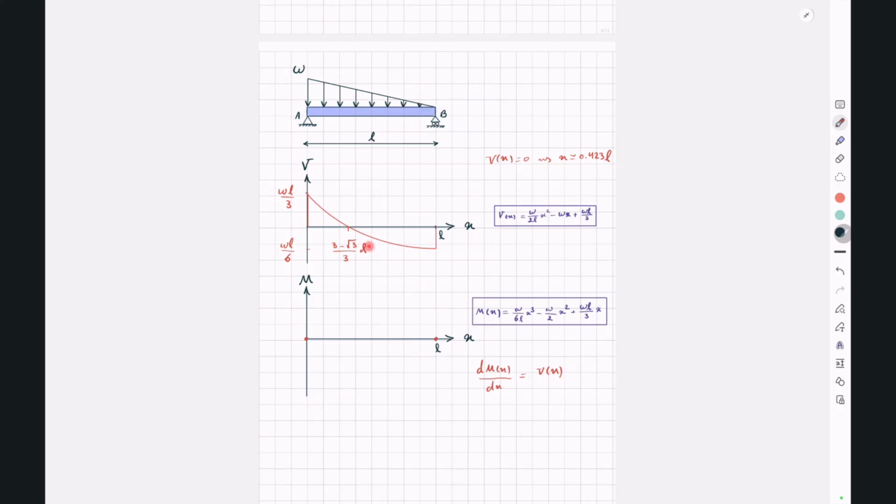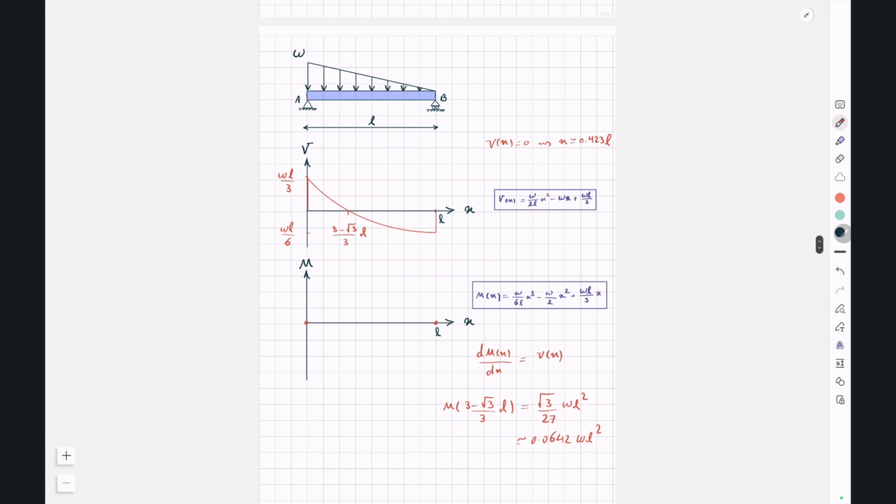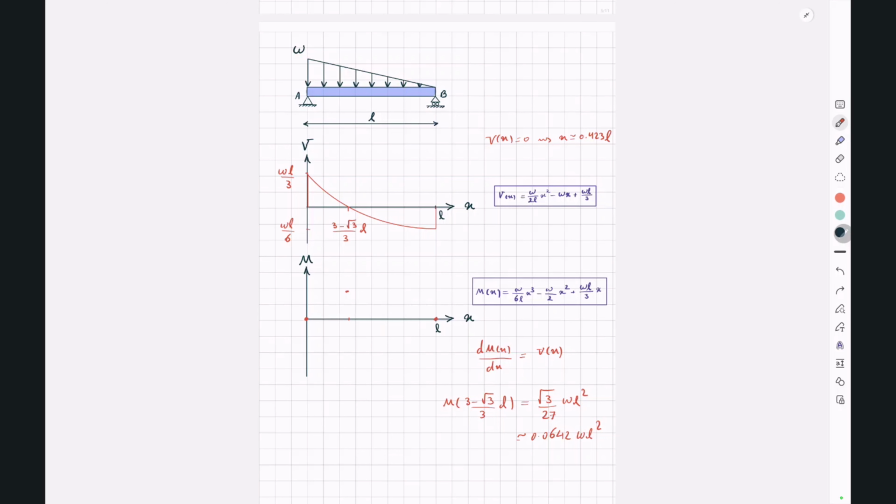So if we put this x in this equation, you're going to get an M equal to square root of 3 over 27 WL to the power of 2, or 0.0642. So at this point, this is our moment value, and our moment diagram will look something like this.